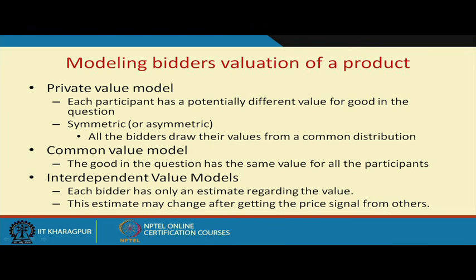Now, this private value model can be symmetric or asymmetric. In the symmetric case, all the bidders draw their valuation from a common distribution. By this we mean that the bidders who are participating are, let us say, 10 rich people who have interest in collecting these antiques, and all of them are bidding.